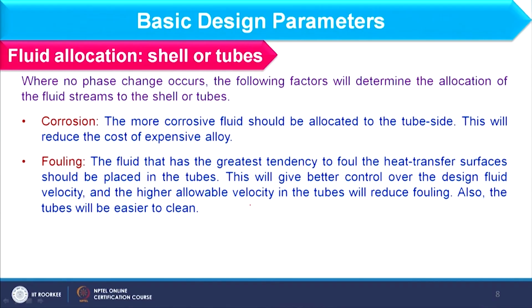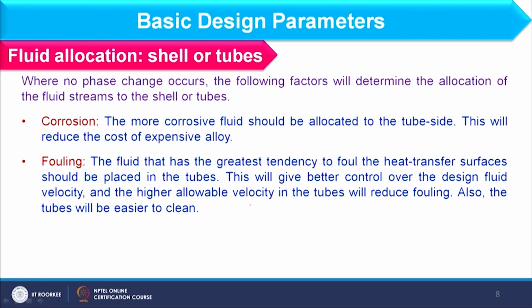Next is fouling, okay. How fouling takes place, I have already explained; it depends on temperature and solubility, so I am not going into detail of that. You should understand whether the fluid has a high tendency of fouling or a low tendency of fouling. How can you ensure that? You can see the dirt factor table which is with you, in volume 6.